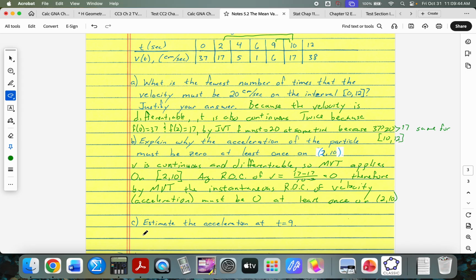So the acceleration at time 9 is approximately equal to 17 minus 6 over 10 minus 9, which is 11 centimeters per second per second.